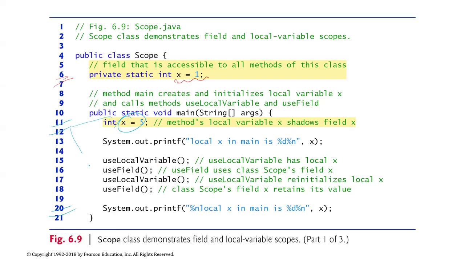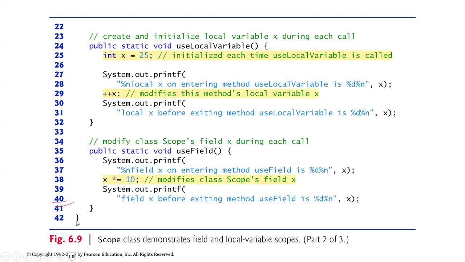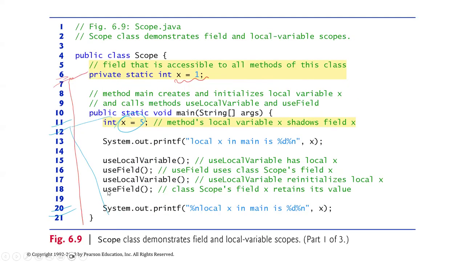So this is the scope for the x inside the main method. And for the x outside the main method, its scope is from here to far away here. That's the scope.